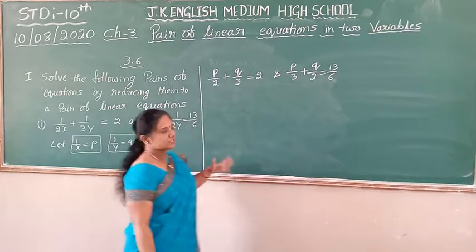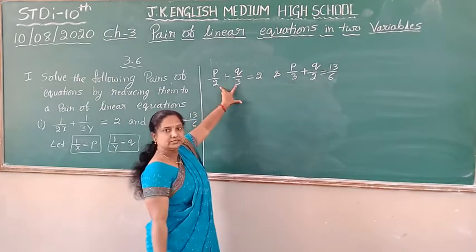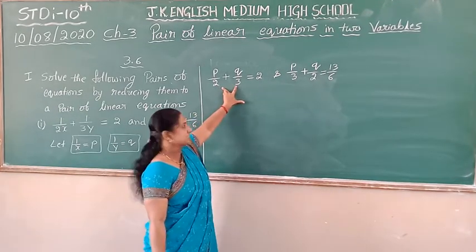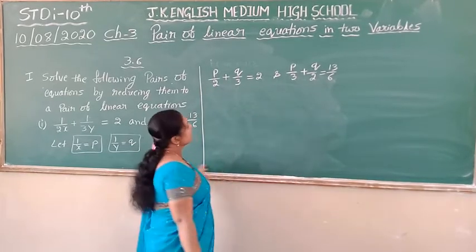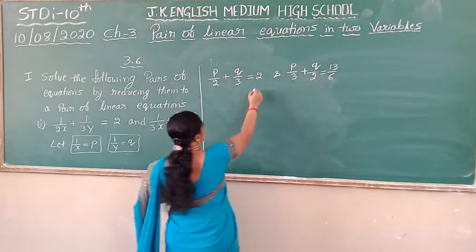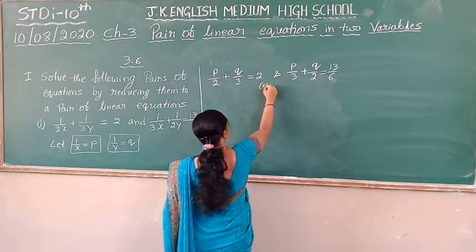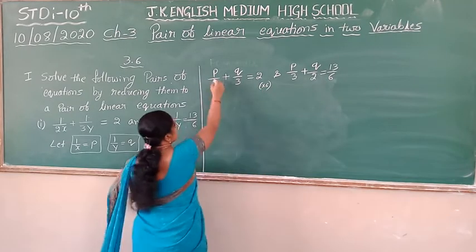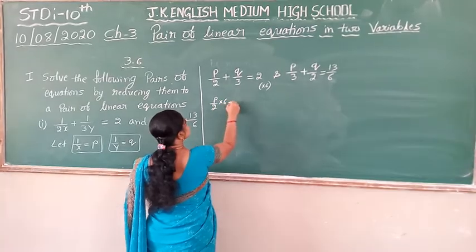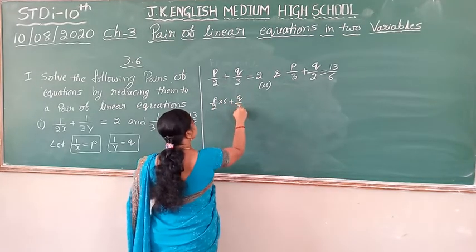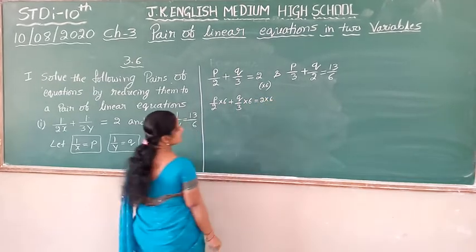You observe now, I have to remove the denominators. So what is the LCM of 2 and 3? It is 6. By 6 I multiply all three terms. It becomes p by 2 into 6 plus q by 3 into 6 is equal to 2 into 6.